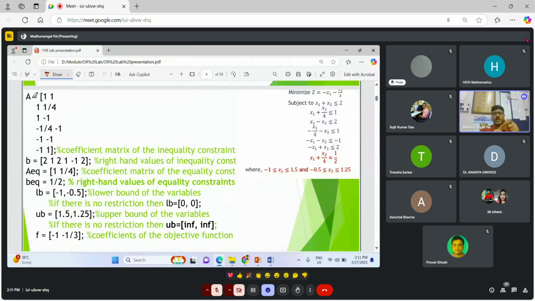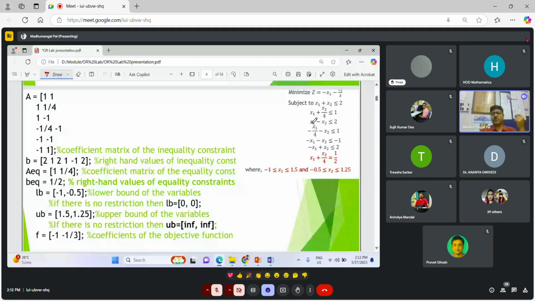A is the coefficient matrix corresponding to the less than or equal to type constraints. The elements of the first row are 1 and 1, the coefficients of the first constraint. The coefficients of the second constraint are 1 and 1 by 4, which is the second row of the matrix.